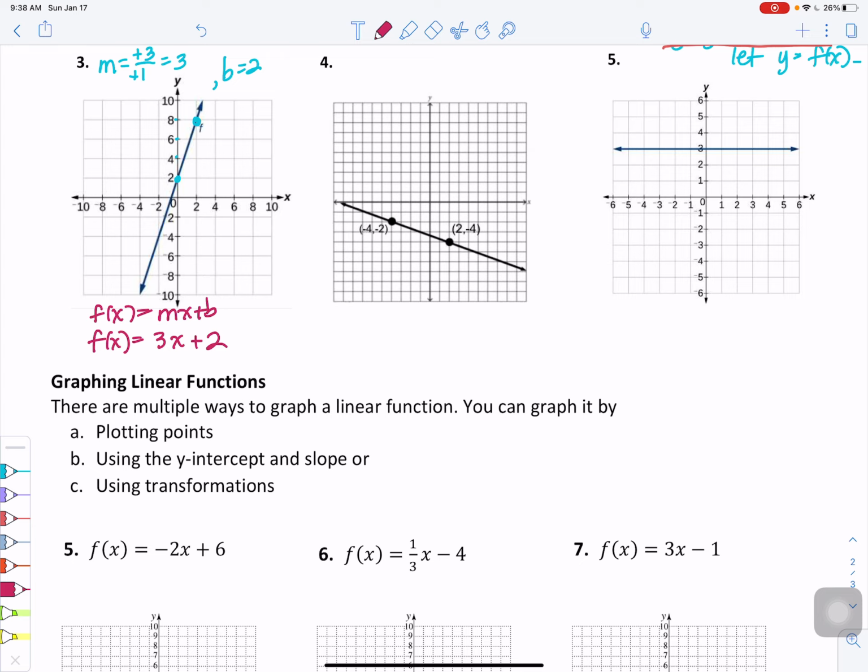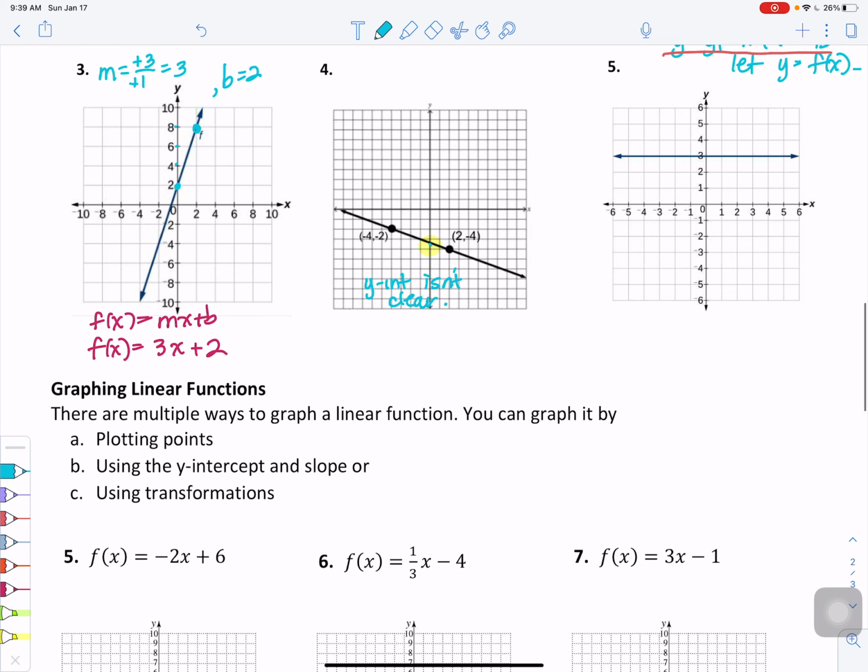Let's look at number 4. This is an example where b isn't clear. The y-intercept isn't clear. Somewhere between 3 and 4, a little closer, less than 3.5. So we definitely need to take a better look at this. We'll find our slope using our slope equation.